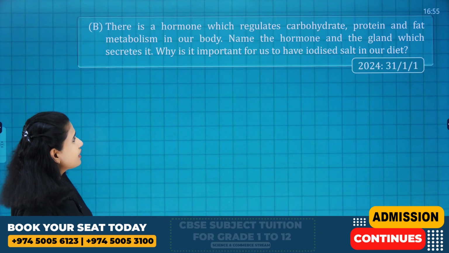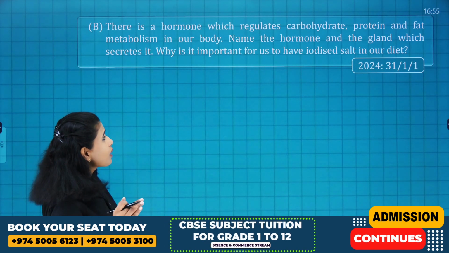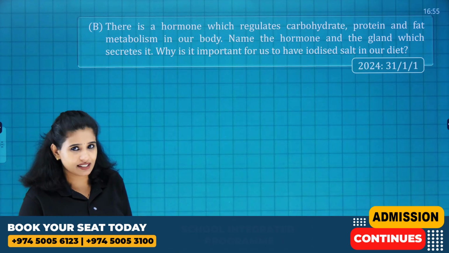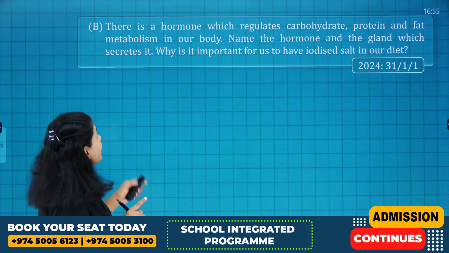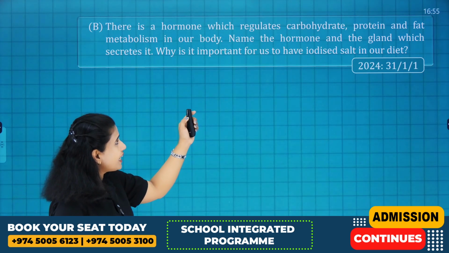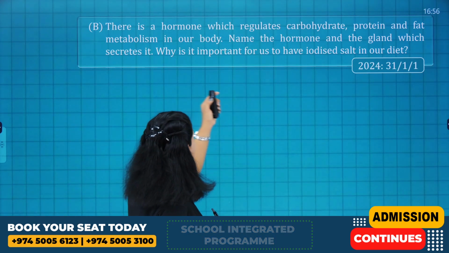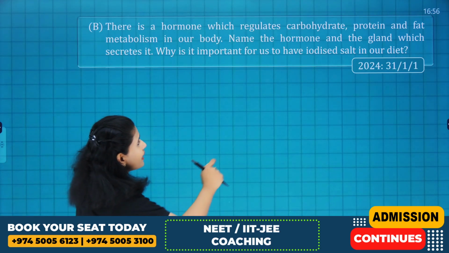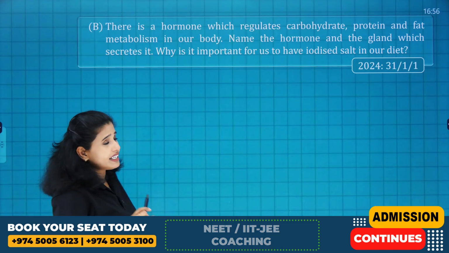There is a hormone which regulates carbohydrate, protein and fat metabolism in our body. Name the hormone and the gland which secretes it.